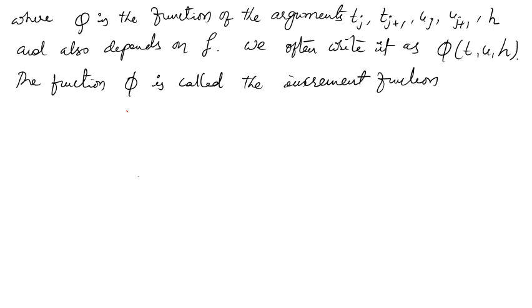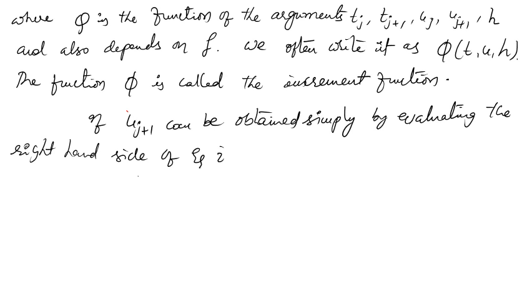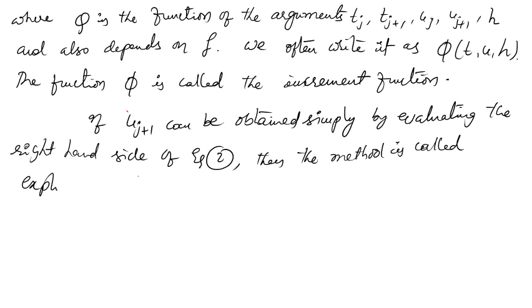Now if u j plus 1, the j plus 1th solution, can be obtained simply by evaluating the right hand side of equation 2, then the method is called an explicit method.